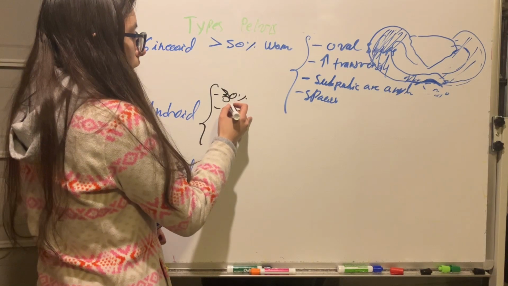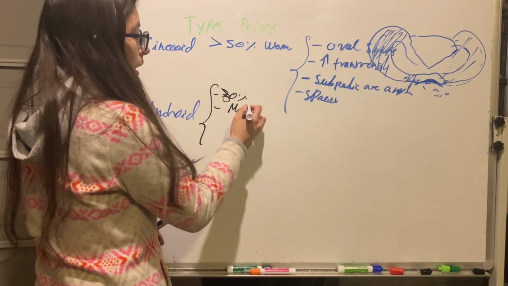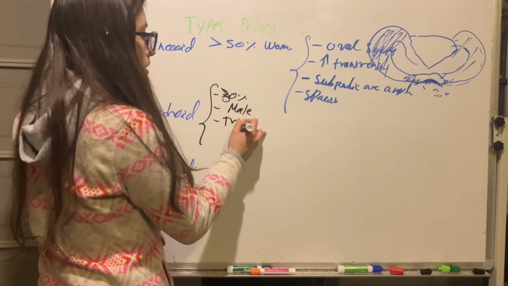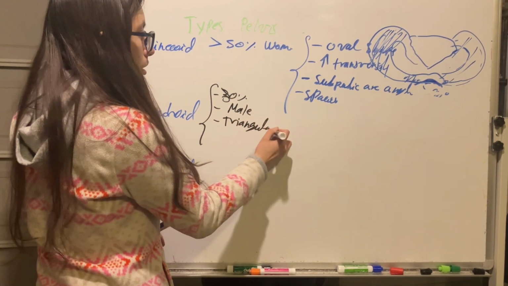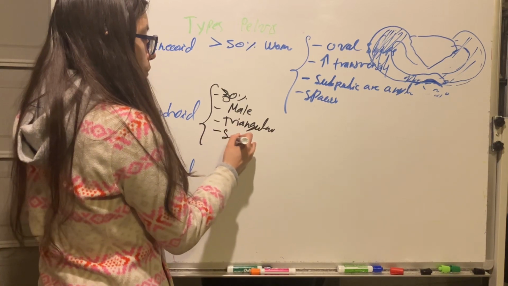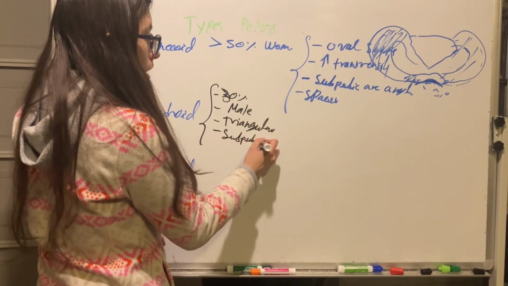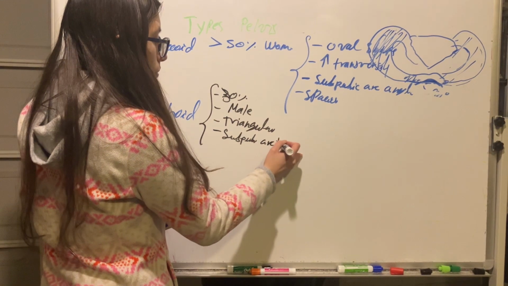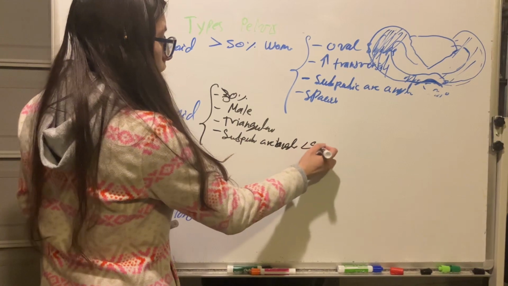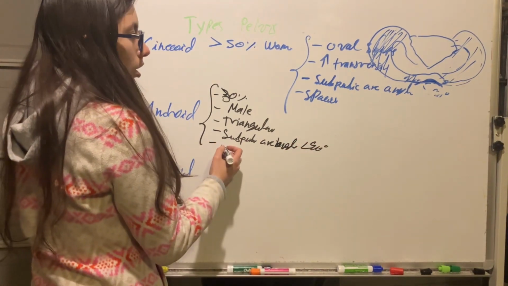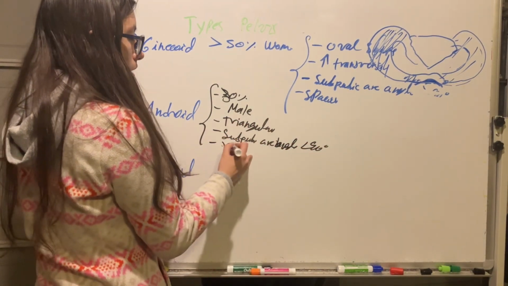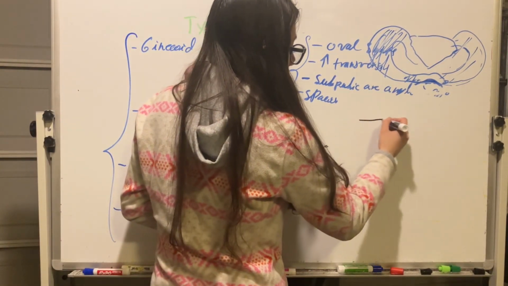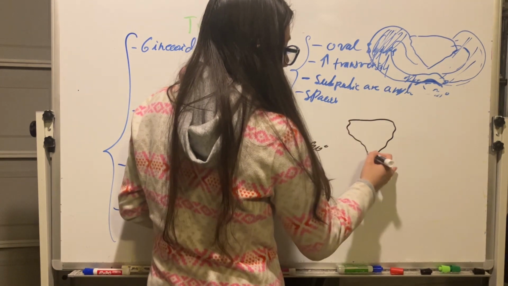This is the most common type of pelvis in male, and this one has a triangular shape. We have a subpubic arch angle which is less than 90 degrees. So this is like a restricted pelvis. Here we have this sacrum.